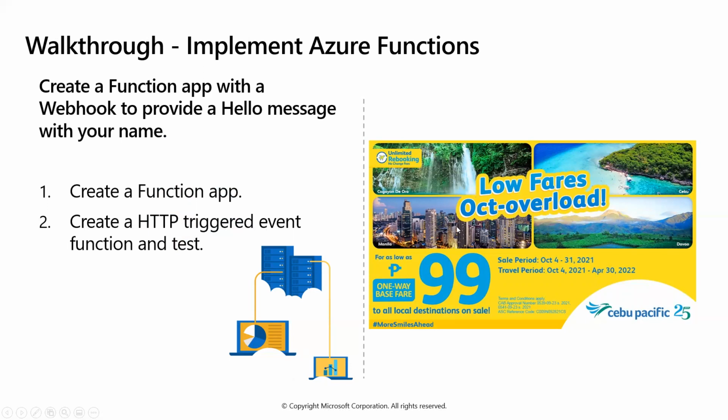Let's say you are client mo si Cebu Pacific, isa kang DevOps sa company ng digital transformation na nagpo-provide nito. Aside from Cebu Pac, hindi lang Cebu Pac customer mo. Customer mo pa rin yung Philippine Airline, customer mo yung New Zealand Airline, Qantas Airline, American Express, ano pa ba? United Airways.